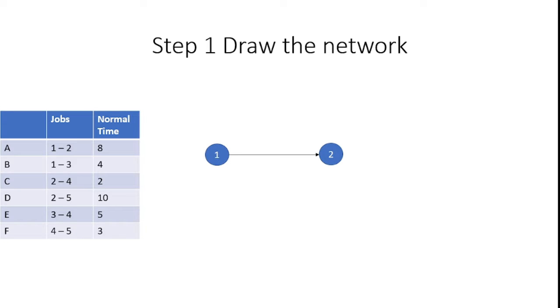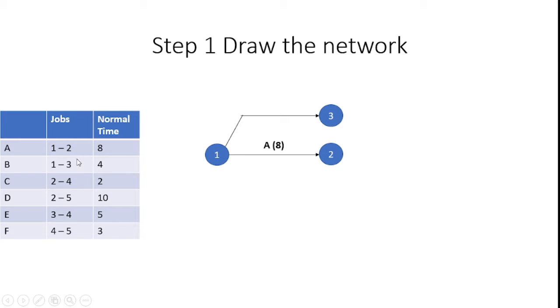First, for the job 1 to 2, I draw nodes 1 and 2, and in between I introduce an activity with an arrowhead. On top of the arrowhead, I assign the job name A, and the time for doing the job 1 to 2 is 8.